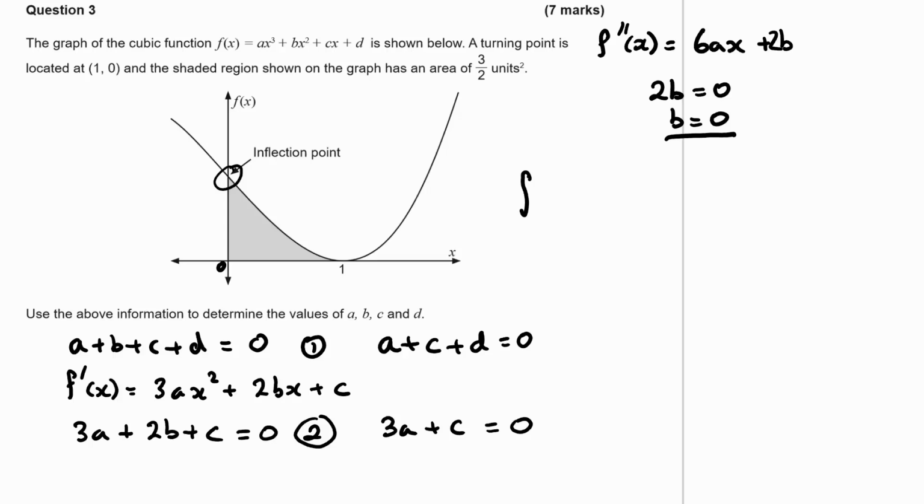So the integral from 0 to 1 of ax³ (we know b is 0 now) + cx + d dx, we know that that's equal to 3/2.